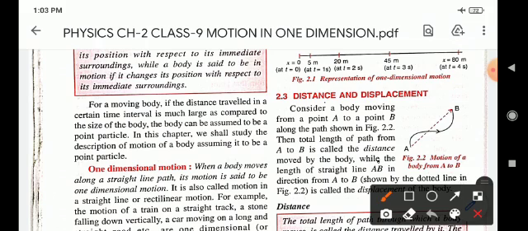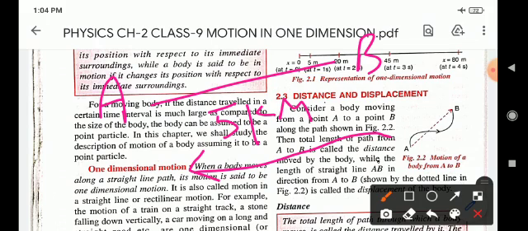If an object moves to B position, it covers a distance of 5 kilometer, and then moves from B back to A direction, it covers 5 kilometer. So distance is equal to 5 plus 5, that is 10 kilometer.